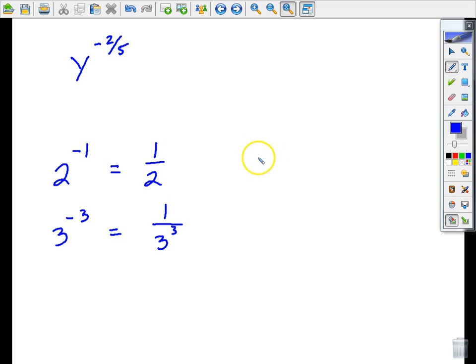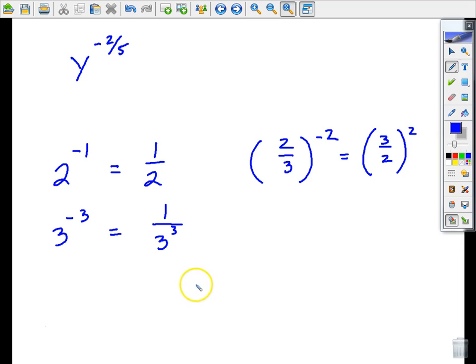Okay, I'm going to do one more, then I'm going to ask you, tell me the whole idea behind negative exponents. Here's another one. 2/3 to the negative 2 is the same thing as 3/2 to the positive 2, or 9/4.